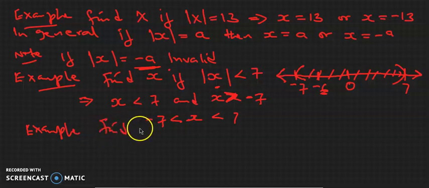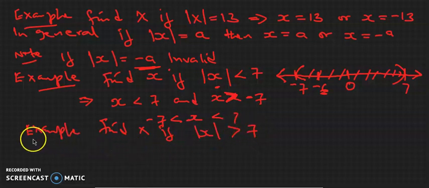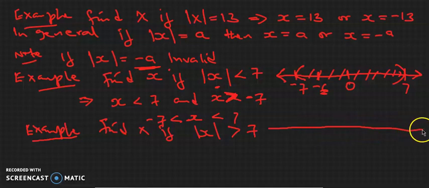If you take another example, find x if the absolute value of x is greater than 7. The previous example was less than. Again, it means that x must be greater than 7. Assume this is our 0 and 7 here.